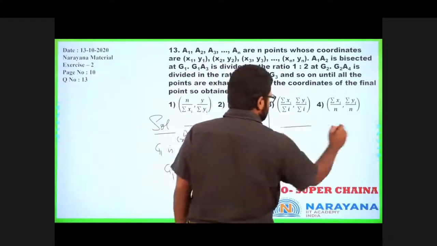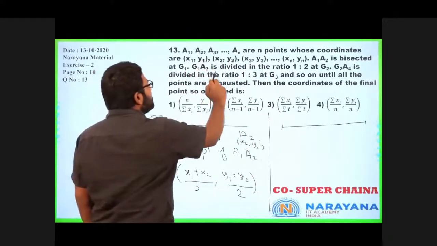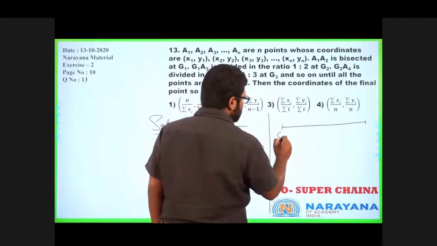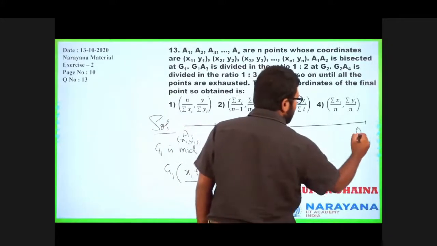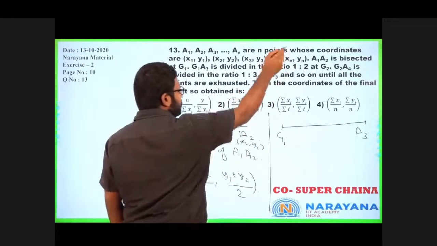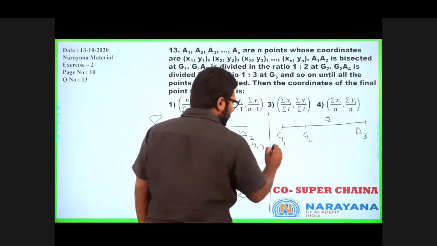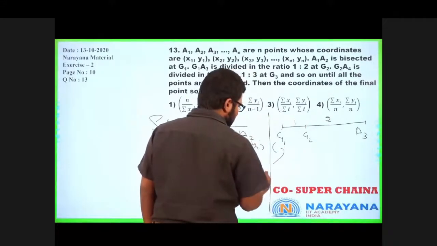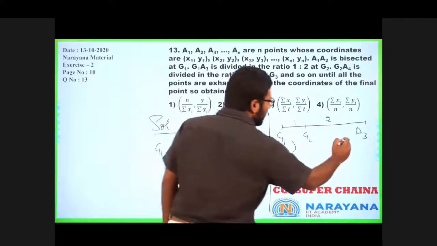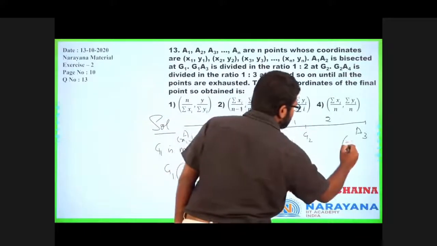Then G1A3 is divided in the ratio 1:2 by G2. So let us call this G1A3, and it is divided at G2 in the ratio 1:2, where coordinates of G1 are known, and A3 is x3, y3.